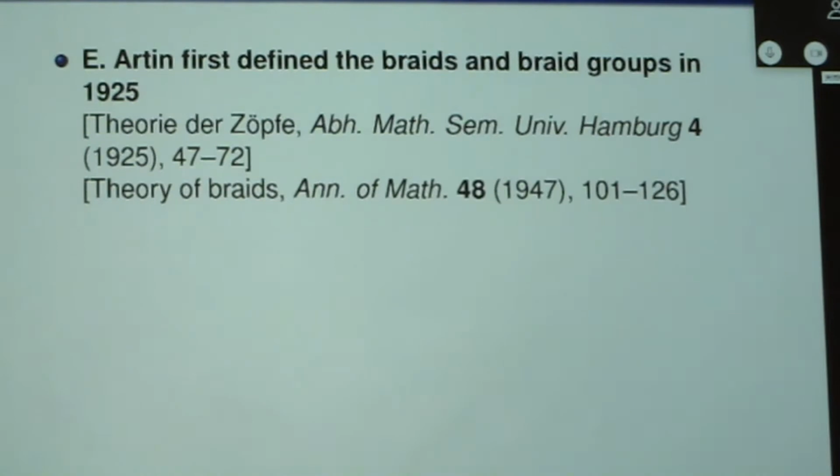Here is just the history of the braids. In 1925, Artin first defined the braid and braid group. Actually, the idea and some work about braids and braid groups can be seen in works before 1925.